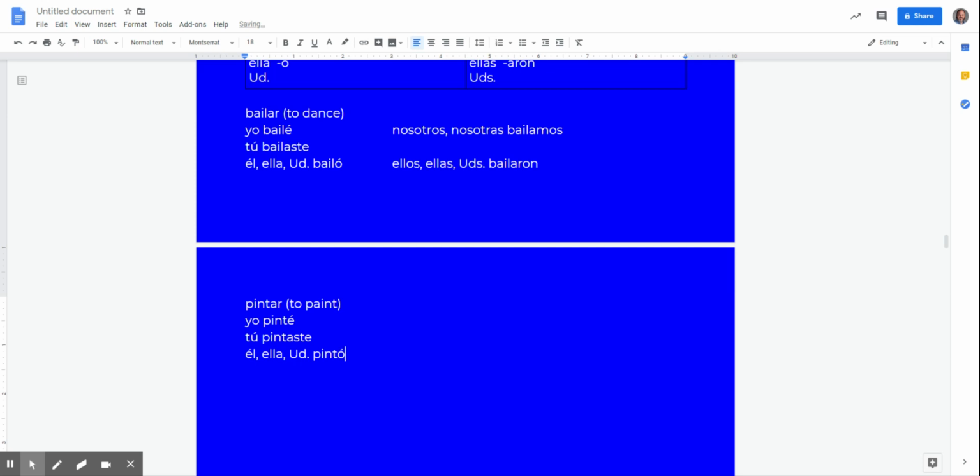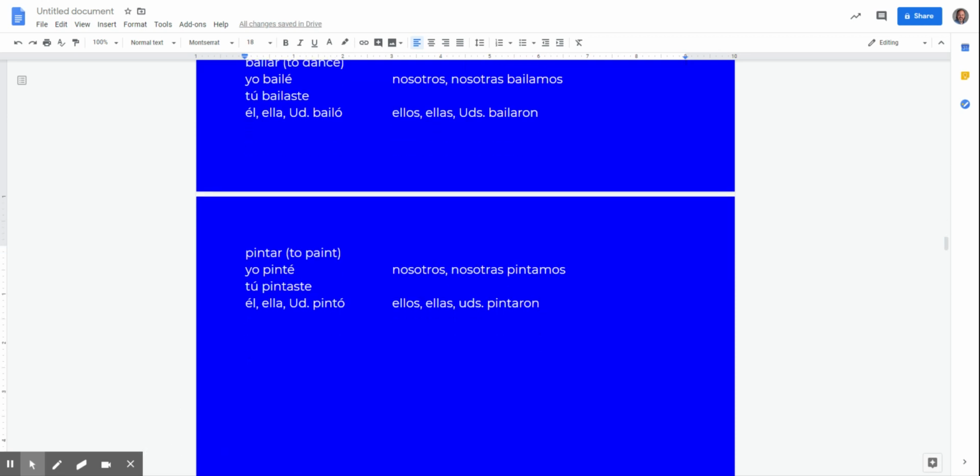Painted, he painted. All right, nosotros, nosotras pintamos. It's the same as the present tense. And then ellos, ellas, ustedes pintaron. They painted.